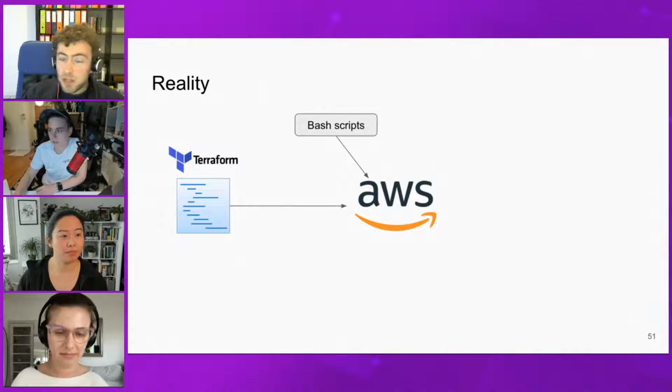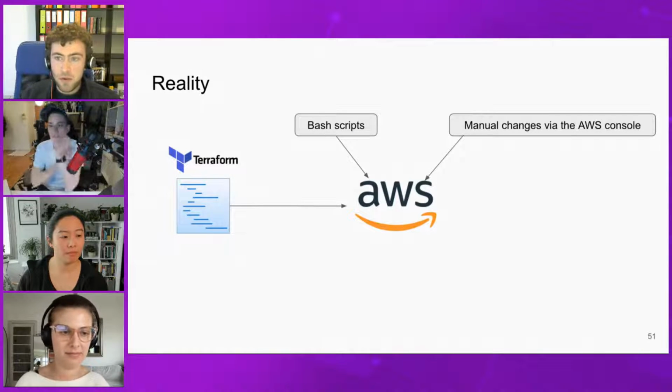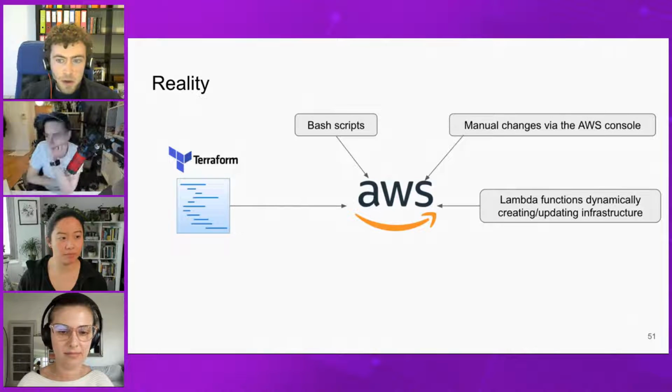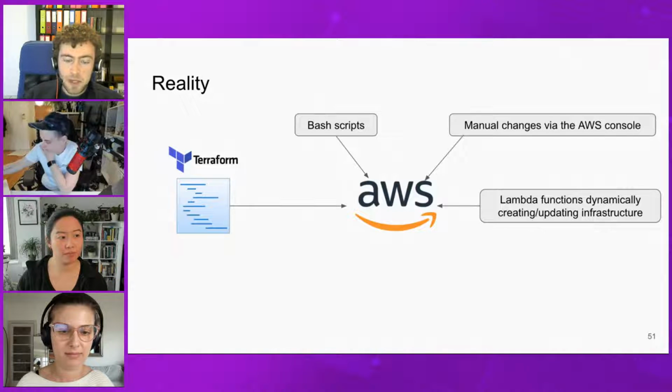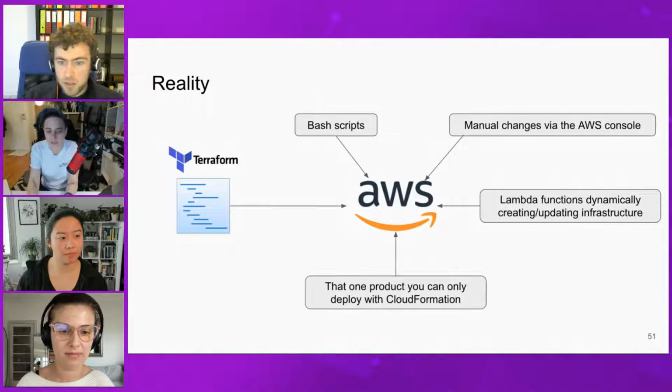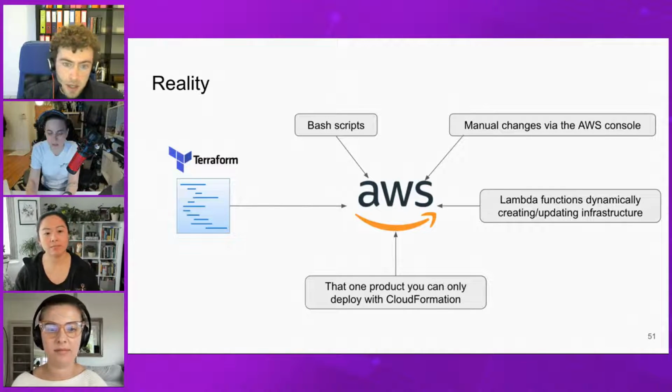You have bash scripts also, you have manual changes, you have the AWS console. Maybe you have some fancy self-healing infrastructure with Lambda functions that are going to create routes. Maybe you are creating Kubernetes ingresses that are going to dynamically provision load balancers or whatever. Some things that you can maybe only deploy with CloudFormation because the vendor is only giving you CloudFormation.